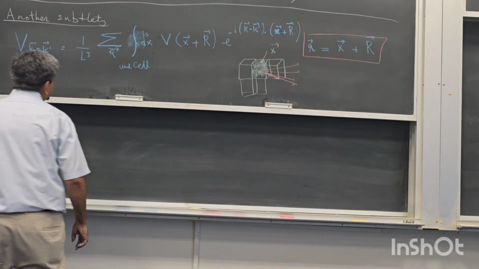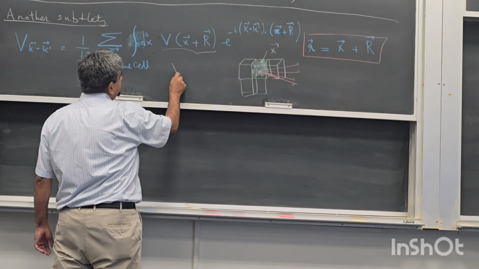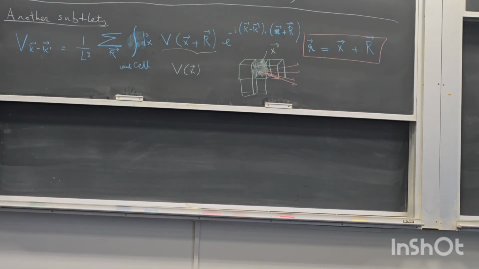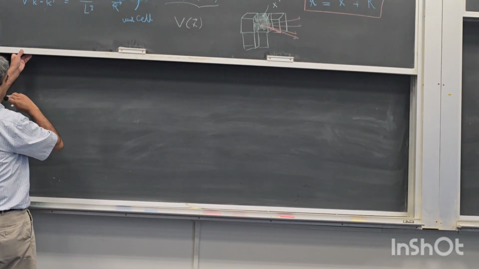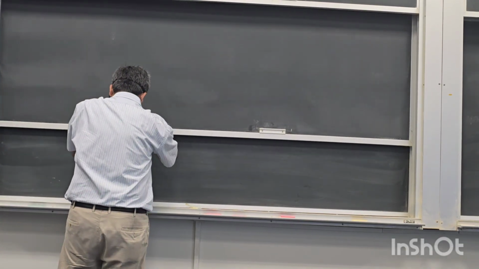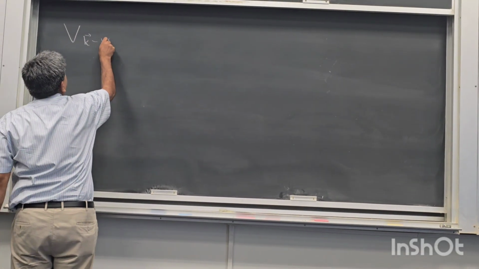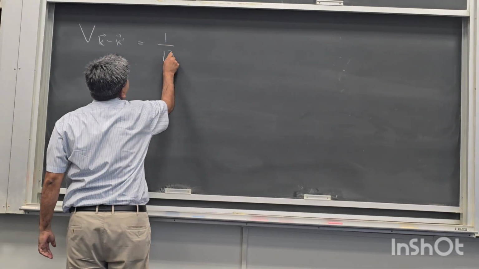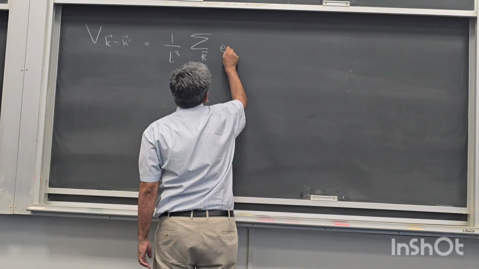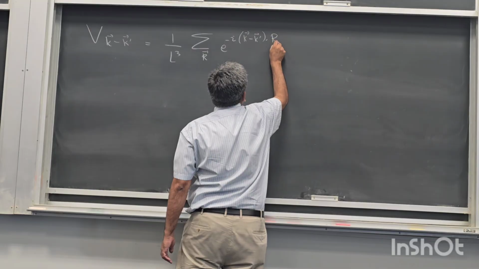Because I want to prove a point. If you look at this expression, since the system is periodic, I will be left with V of x. So the entire integral V k minus k prime will be 1 over L cube, sum over capital R of e to the minus i k minus k prime dotted with R. I can take this thing out of the integral, right?